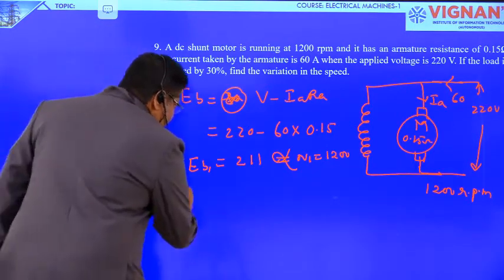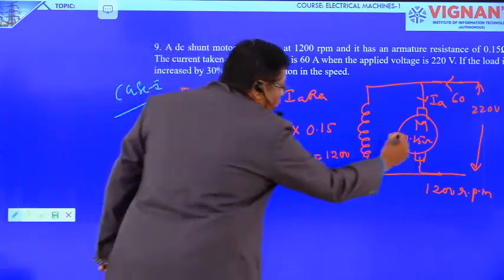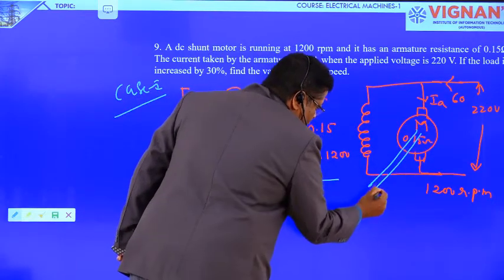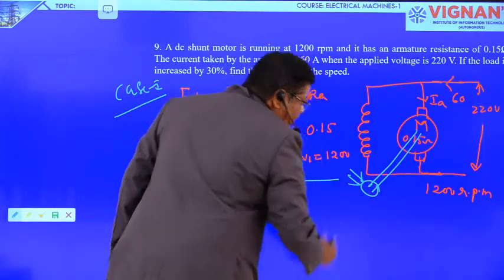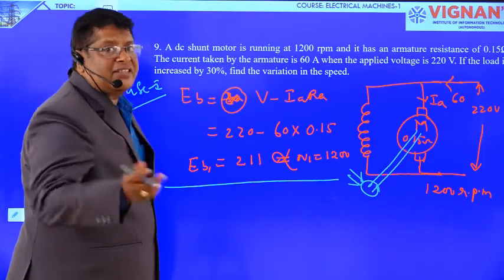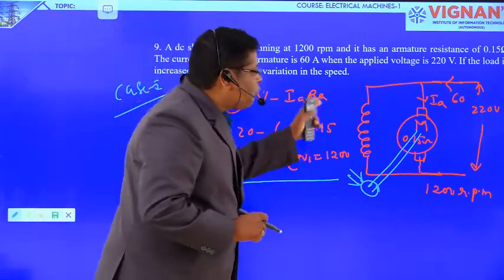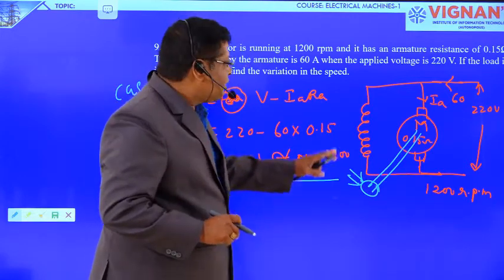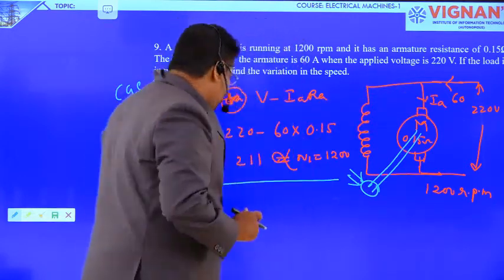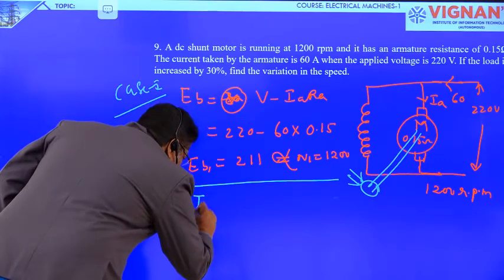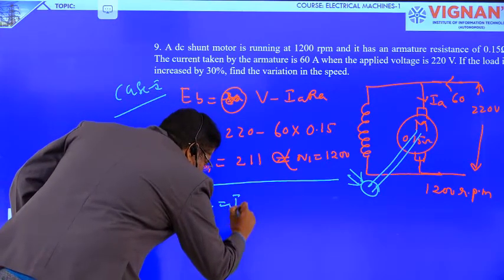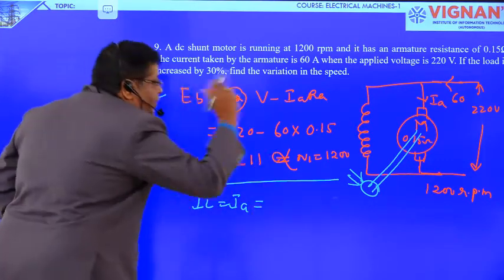In the second case, the load on the motor is increased by 30%. So, whenever the load on the motor is increased by 30%, the line current becomes, see here, now the line current equals the armature current in this case because we neglected the shunt field current.